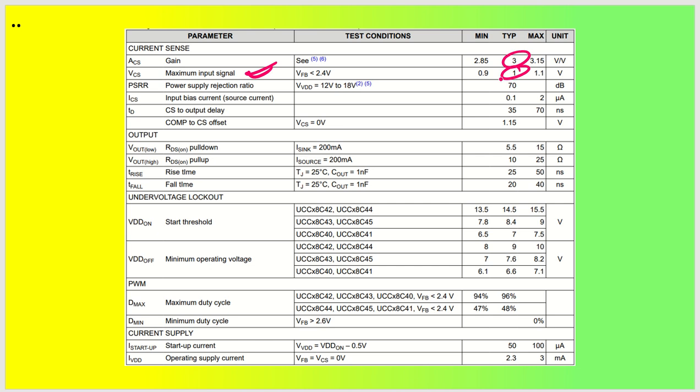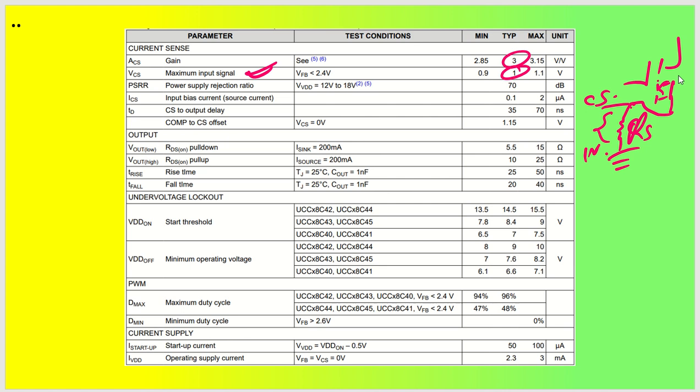What I want to tell you here is, basically this is the current sense resistor, let us say RCS, and this is the gate of the MOSFET that is being driven. So this CS pin, the voltage drop across this typically is 1 volt. So accordingly you have to design your RCS, the current sense resistor, for the current that you want to flow through the, not here, sorry, current sense resistor is connected at the source of this.